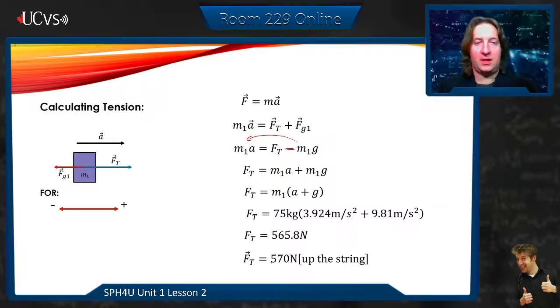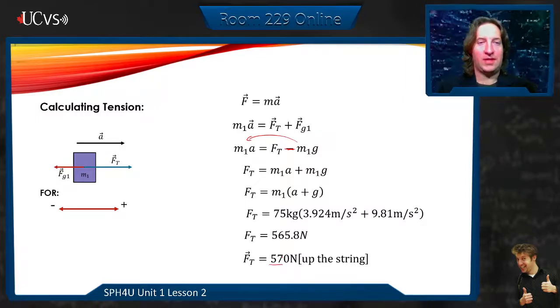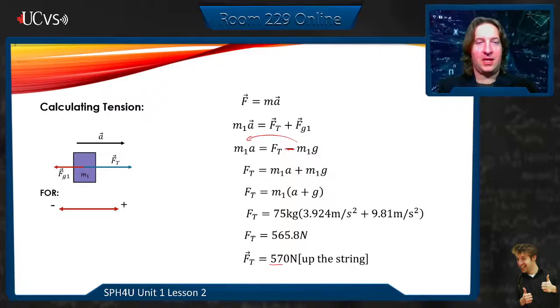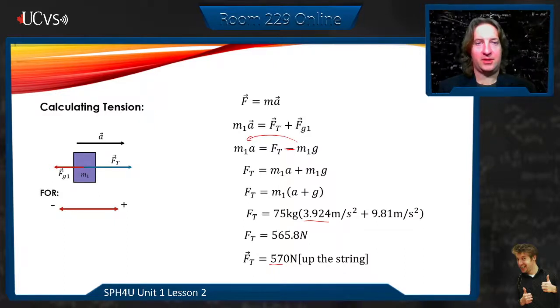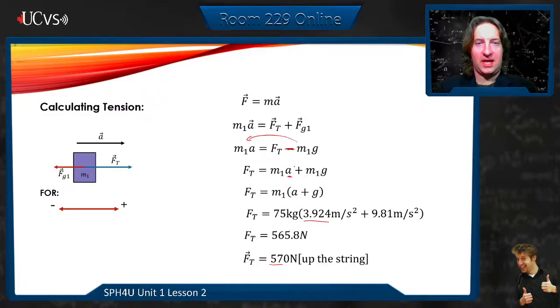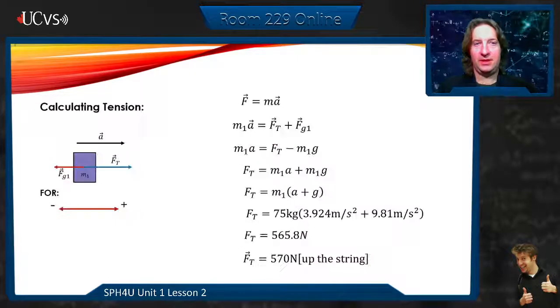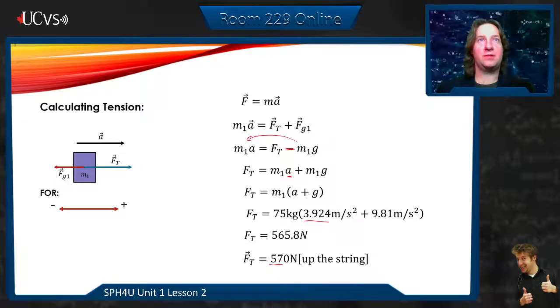Notice here I rounded that to two significant figures. And this 3.9 came from our previous problem where we solved the acceleration. That's what this A is. That was the A of the system that we calculated in the first half. All right, and there we go. That's how we solve these problems.